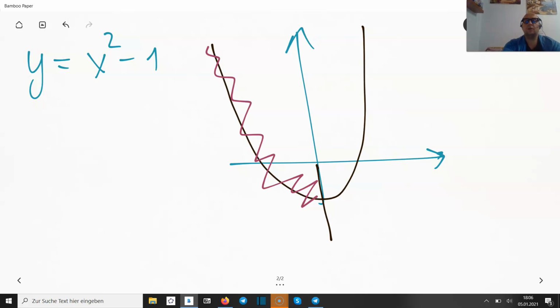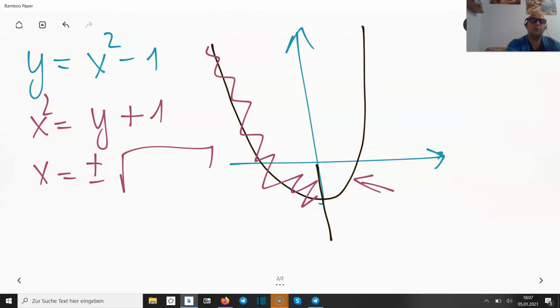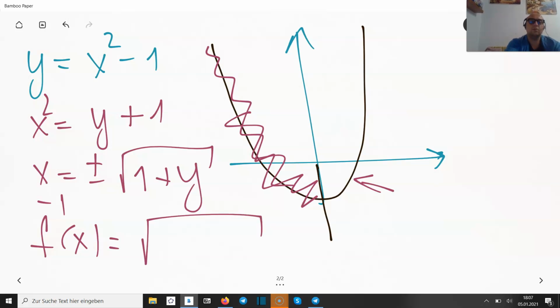We are only reflecting this one. That means we're still solving for x. So x squared is y plus 1. We have x equals plus or minus the square root of 1 plus y, but we prefer the positive and not the negative because we are not reflecting the left-hand side, this part. So f to the power of minus 1 of x is exactly the square root of 1 plus x.